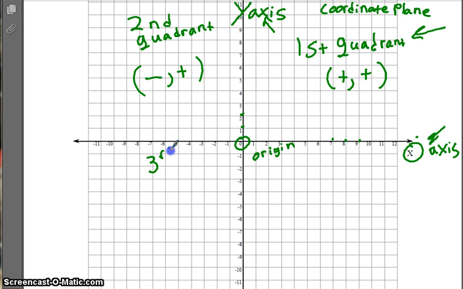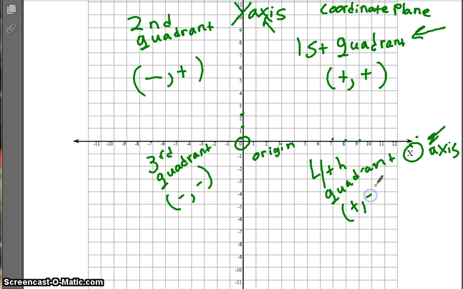The third quadrant, which indicates 2 negative numbers. And finally, the fourth quadrant, which indicates a positive and a negative number. Those together compose your entire grid. So if we were looking at it, we notice we're looking at it in a counterclockwise direction. And that is how we will indicate our points.